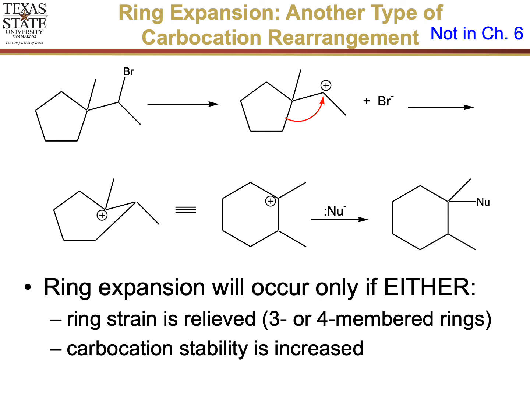Now in this case, we're doing a 1,2 methyl shift within the ring to move over to not only create a now 6-membered ring, but to create a tertiary carbocation. So we went from a secondary carbocation to a tertiary carbocation and expanded the ring to relieve any ring strain. Okay, so it'll only happen to relieve ring strain in 3 and 4 membered rings. It'll expand 5 and 6 membered rings if you're increasing carbocation stability, but only if you're increasing carbocation stability.